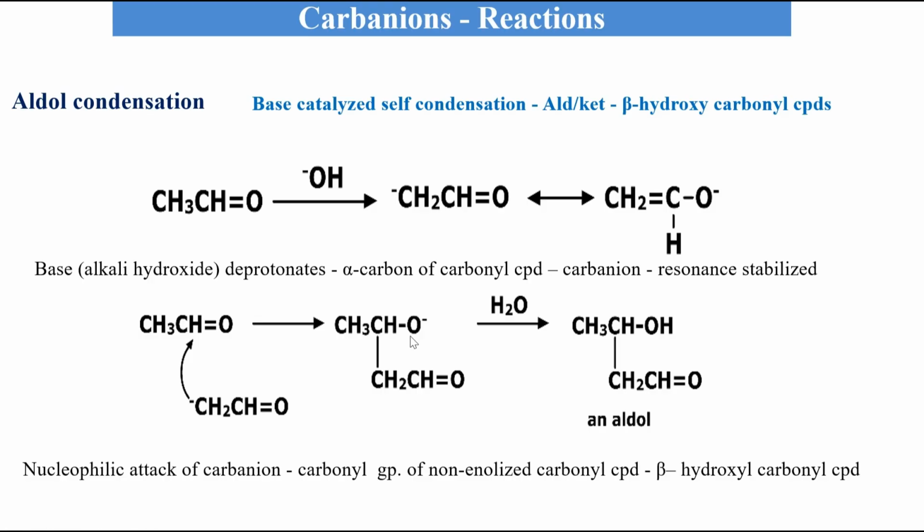Hence, to maintain its stability, it combines with H plus from the water molecule and it becomes alcoholic. It has both an alcohol group and an aldehyde group in the molecule. That's why it is called aldol. Beta hydroxy carbonyl compounds are aldols.